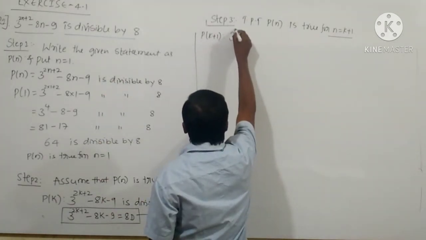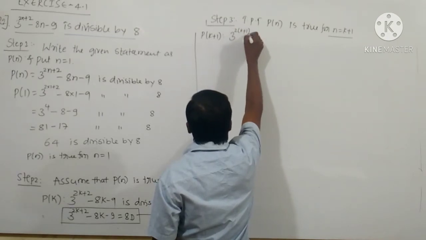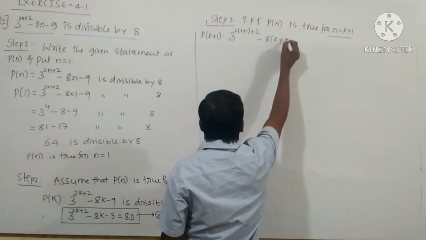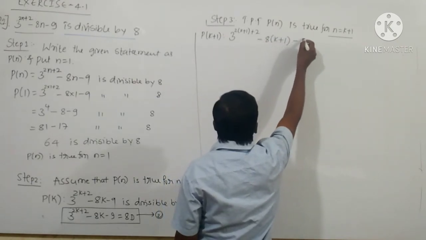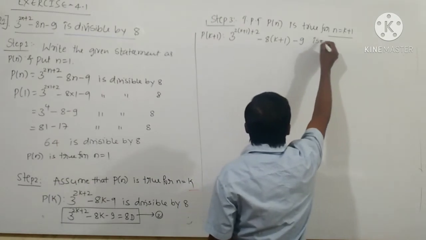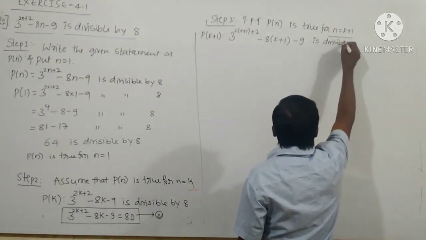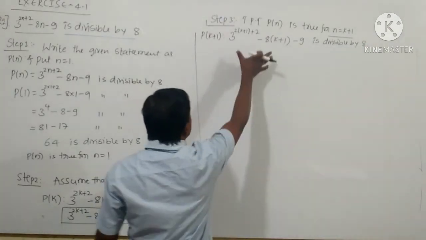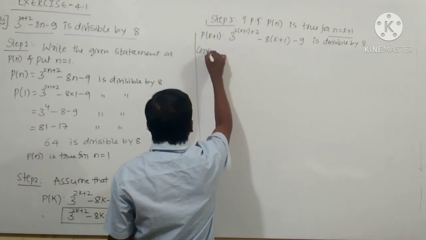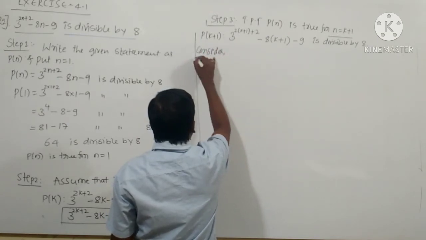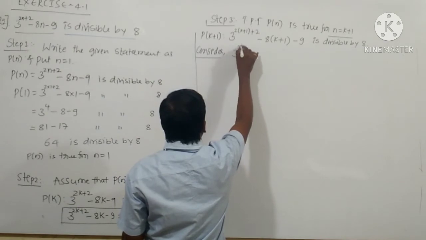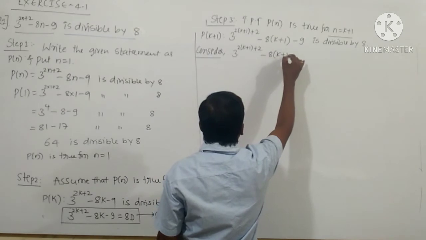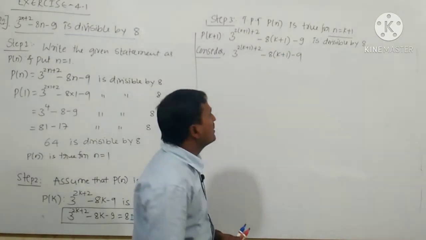Hence it becomes 3 to the power 2 into bracket k plus 1 plus 2, minus 8 into bracket k plus 1, minus 9, is divisible by 8. Now I will consider this one: 3 to the power 2k plus 1 plus 2 minus 8 into bracket k plus 1 minus 9. Here what we have to prove?